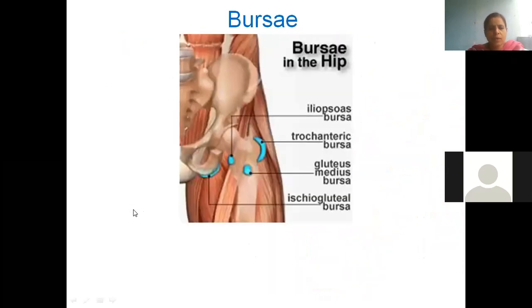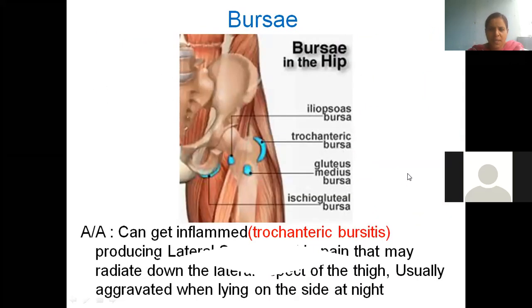Then now, what are the various bursae we see here around the hip joint? Just look at this list. See, from the abdomen to the lower limb, I told you we have iliacus and psoas major muscles. Both these muscles together, you call it as iliopsoas muscles, which get inserted into the lesser trochanter. There you have one bursa, you call it as iliopsoas bursa. Okay, at the greater trochanter, we have a bursa, that is trochanteric bursa.